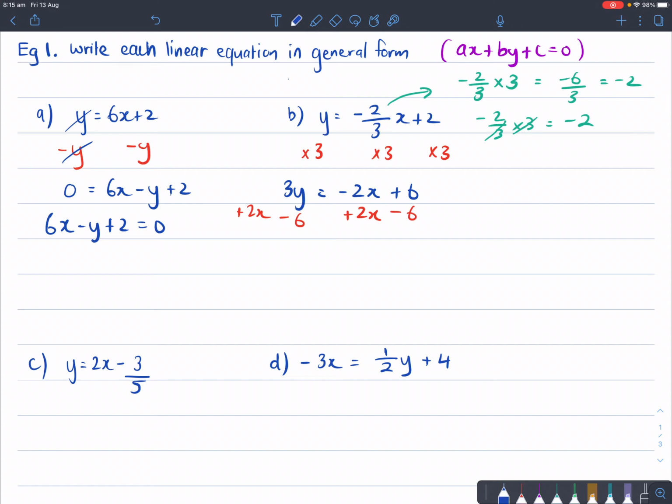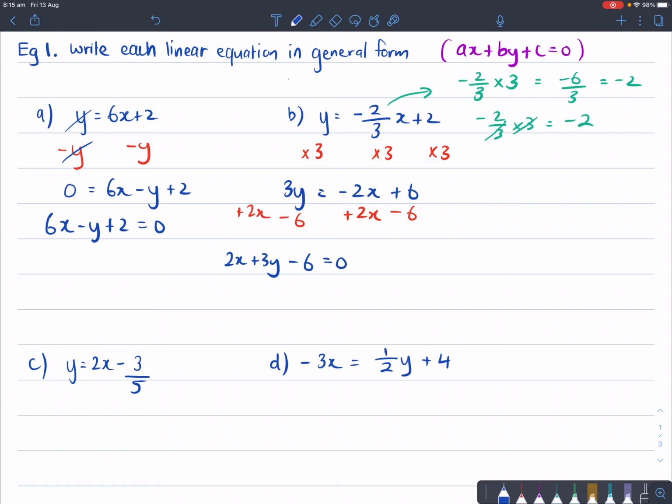In short, when you move any of these terms over to the other side of the equation, the sign just changes. Negative becomes positive, positive becomes negative. So instead of doing this all the time, we can simply think of it as moving terms over and then switching the sign. So we're going to have 2x plus 3y, which was there already, and we're going to minus 6, and that is equal to 0.